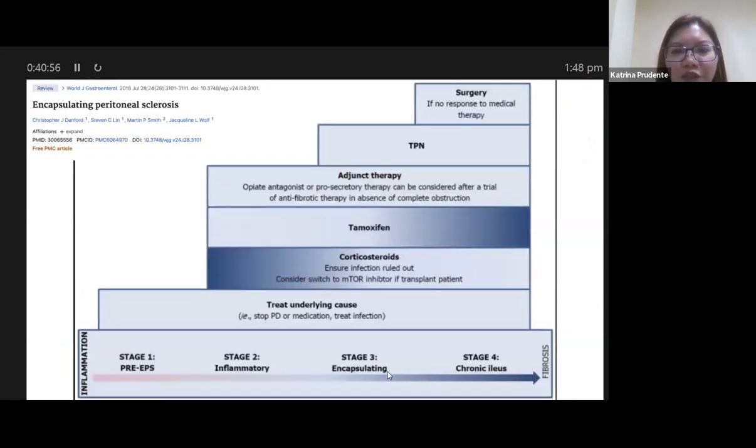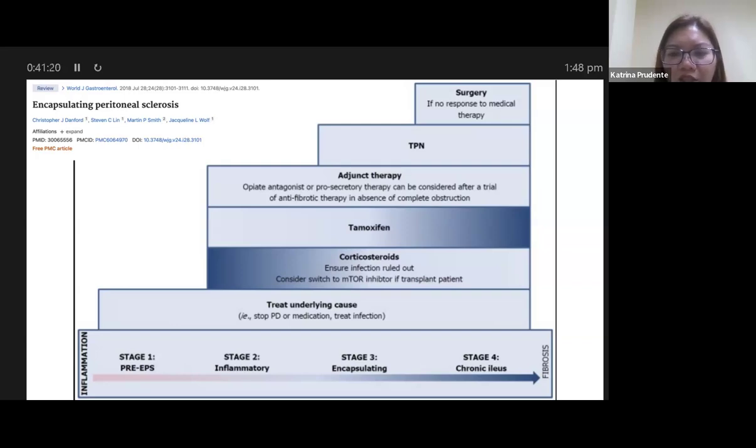Now, in all the stages of EPS, the cause should be identified and treated. If you have peritonitis, it should be treated. If you have any medications that can cause EPS, they should be withdrawn. And if necessary, as mentioned with the previous factors, PD can be shifted to HD.